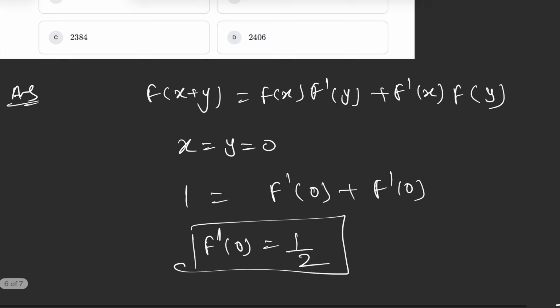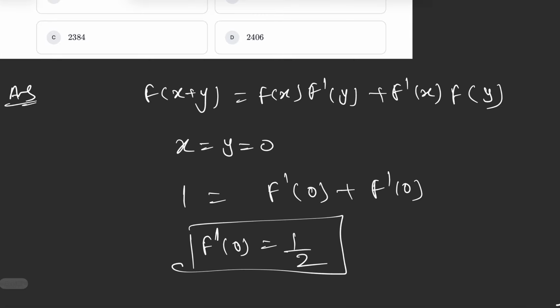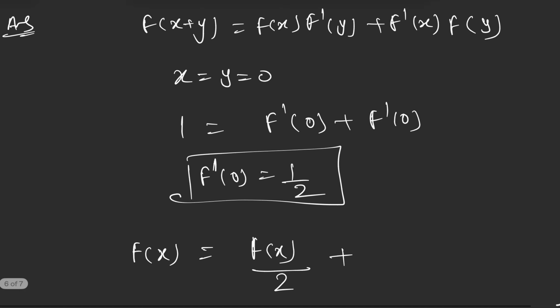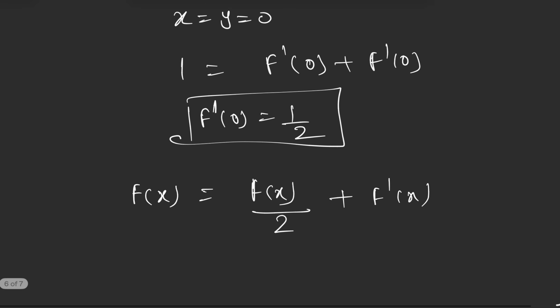Now further in this question I can keep y equals to 0, since f of x plus y is there. If I keep y equals to 0, what will we get? Tell me. f of x equals f of x into f dash 0. So what is f dash 0? Half. Plus again f dash x into f of 0, and f of 0 is given as 1. So it is f dash x equals f of x by 2 only.